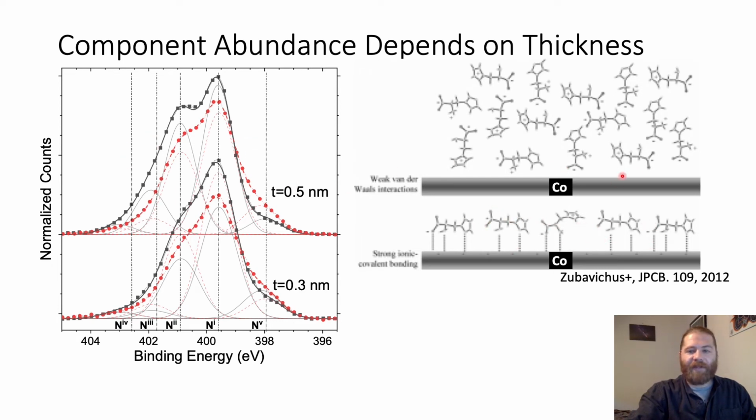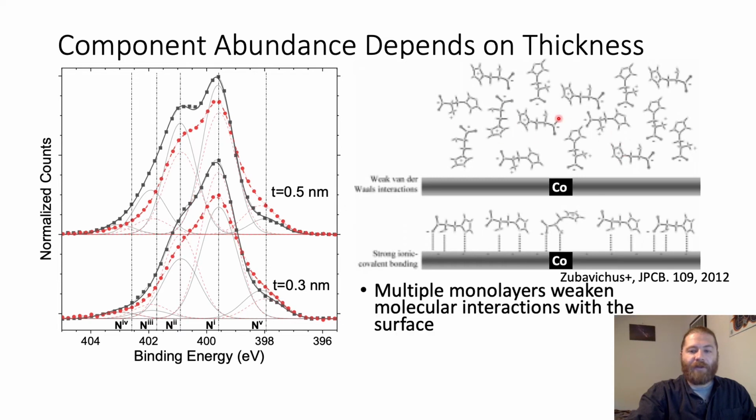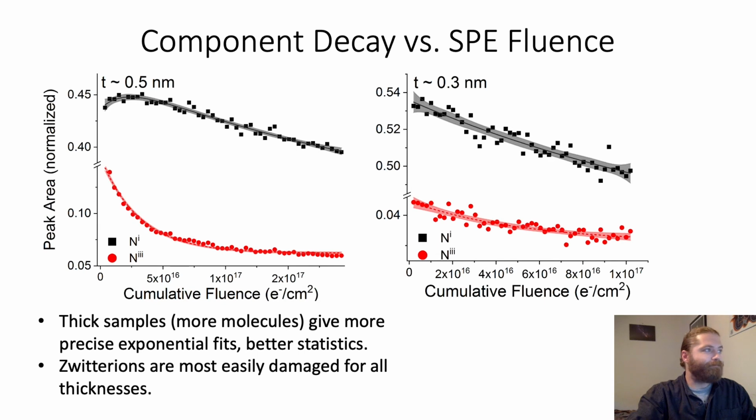Whereas with the thicker samples, those interactions aren't quite as strong, so the presence of multiple monolayers can weaken the molecular interactions between the molecules and the surface, potentially enhancing any measurement of this spin dichroism effect.